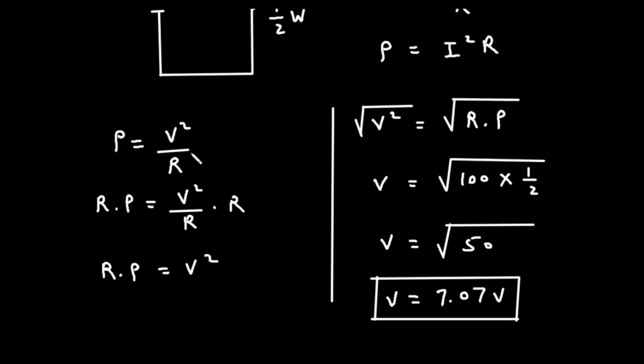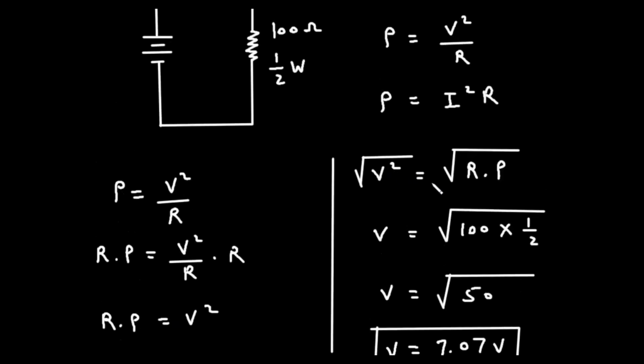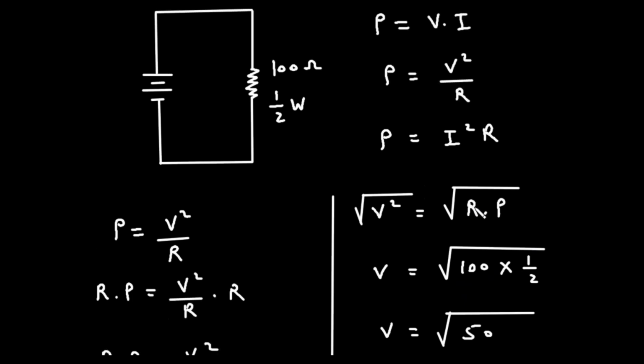If we multiply both sides by R, then it will be R into P, and this R will get cancelled. What remains is R into P is equal to V square. If we take the square root on both sides, then it will be the square root of V square is equal to the square root of R into P. So V is equal to, now here the value of resistance is 100 and the value of power is 1/2 watt.